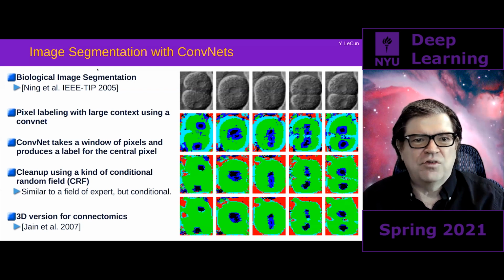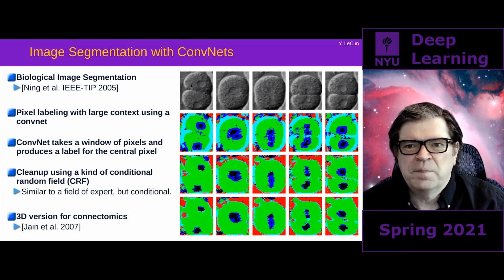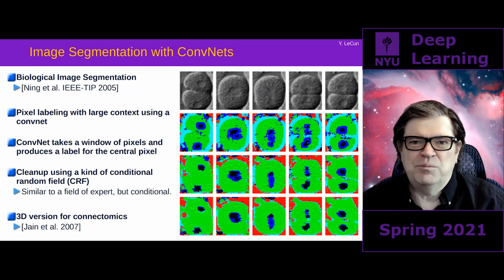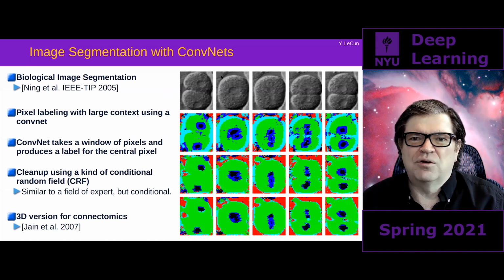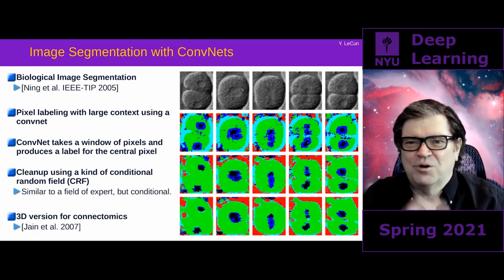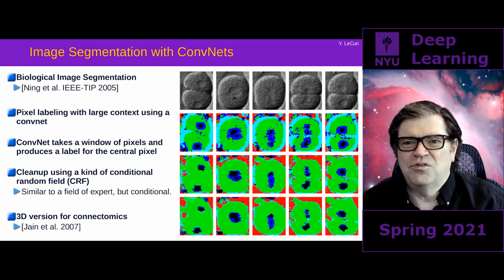So this is, again, some relatively old work where we trained a convolutional net to indicate, on those microscopic images, whether a particular region or pixel belongs to a cell. This is an embryo of a little worm, C. elegans, and you can see the nucleus of the cell, the cytoplasm, and then the outside.